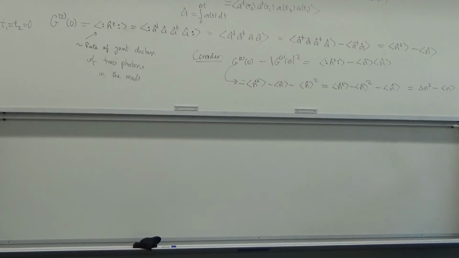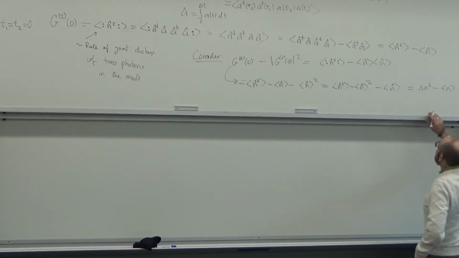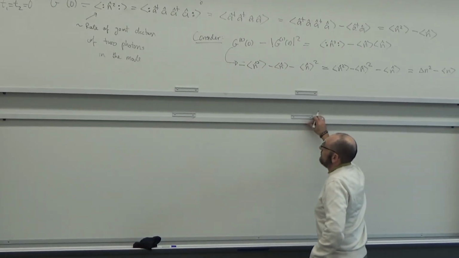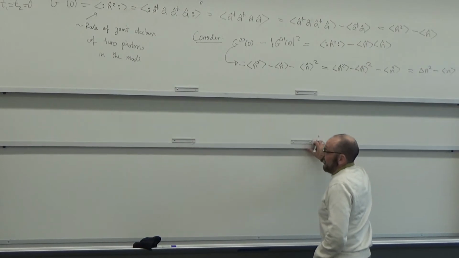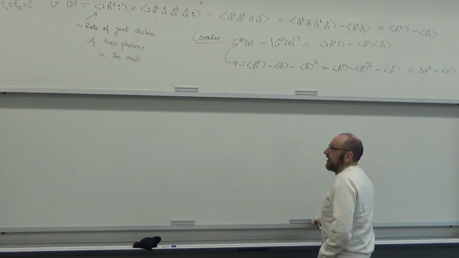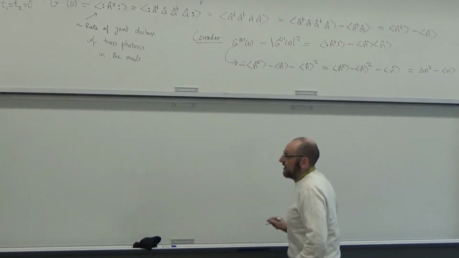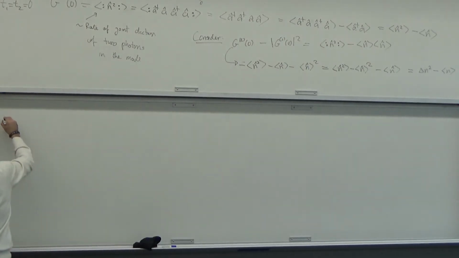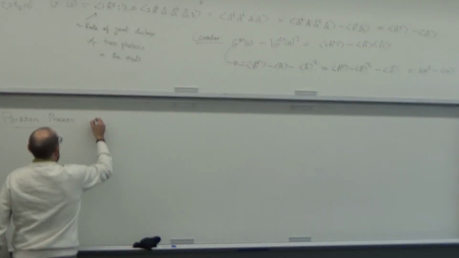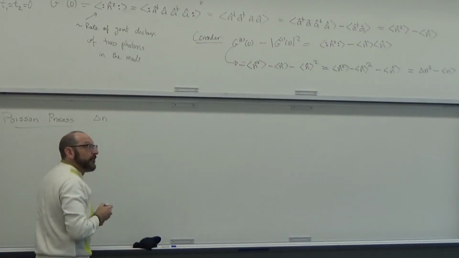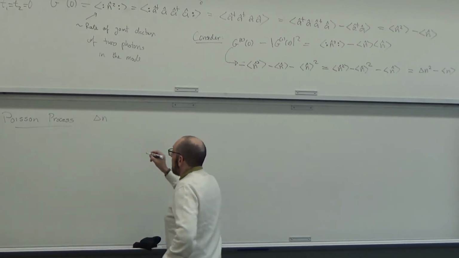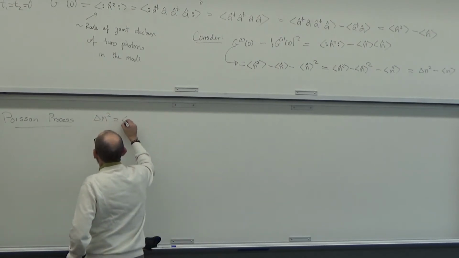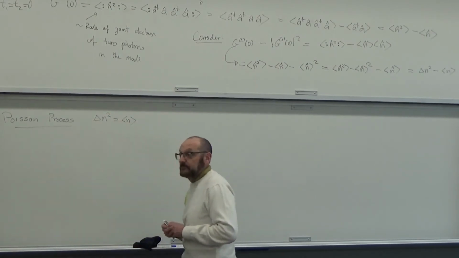So, what this difference is, if I have a Poisson process, then the fluctuations in the number of photons will be equal to the mean number of photons.